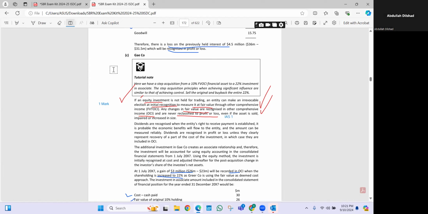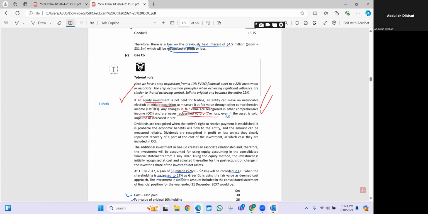According to IAS 1, they have given us some indications. Normally in other comprehensive income, if there are any unrealized profits or unrealized items, we will normally record them under OCI. But there are chances we can reclassify to P&L when it's realized.